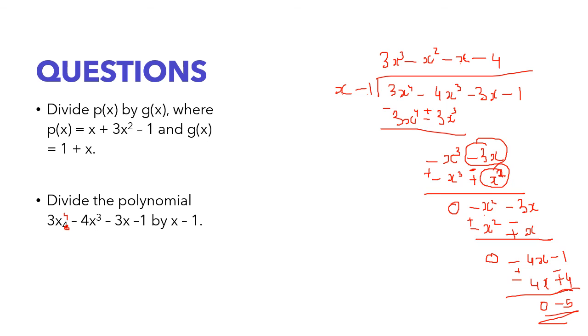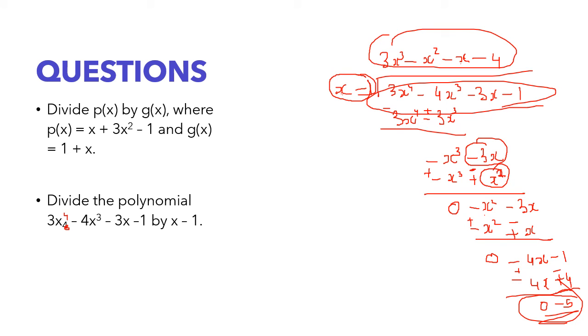So as I have told, if you multiply the divisor with the quotient and add the remainder along with it, you would be getting the dividend. So dividend is equal to divisor into quotient plus remainder.